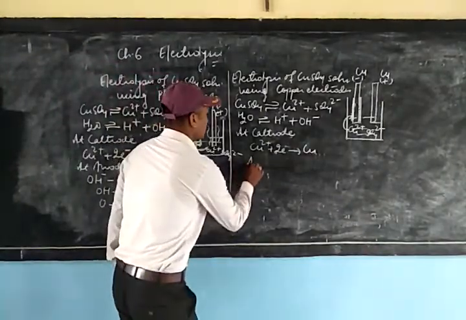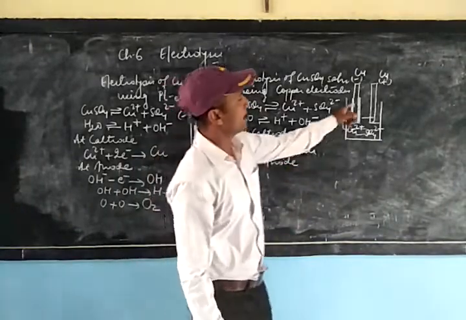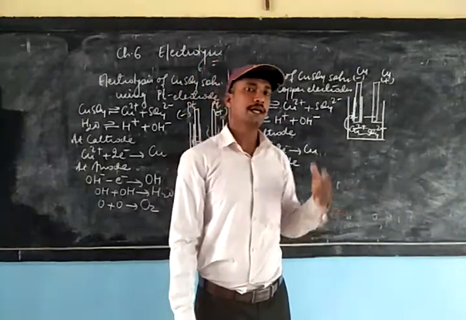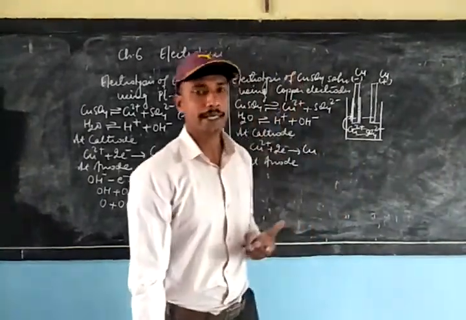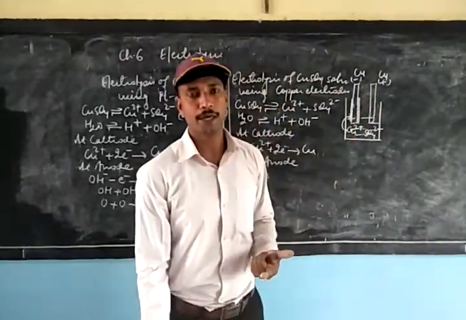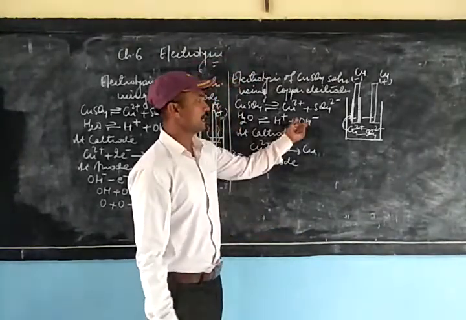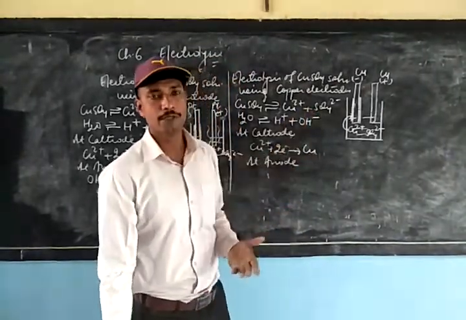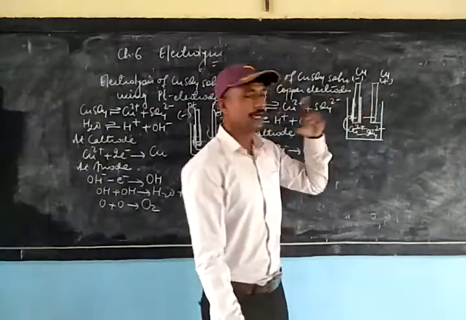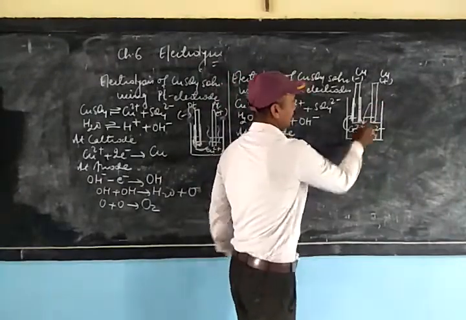Now coming to the anode side, since we can see here anode is an active electrode, and we have seen that if the electrodes are active, it will be this active electrode that will also take part in the process. So instead of this hydroxyl ion getting discharged first, it will be this copper from the anode will release 2 electrons and come into the solution as Cu2+.